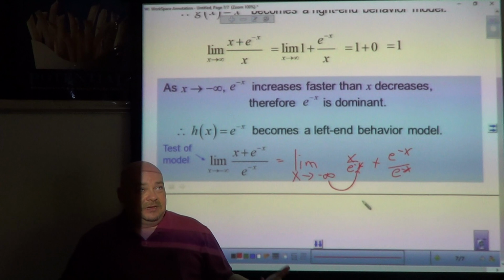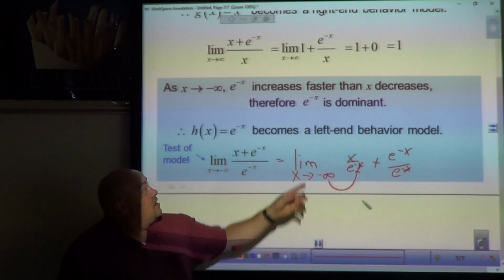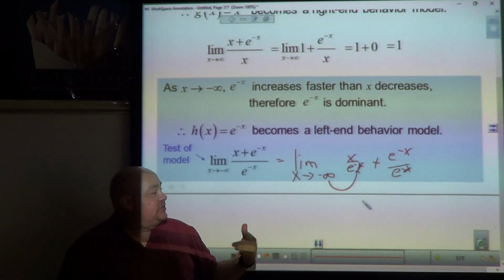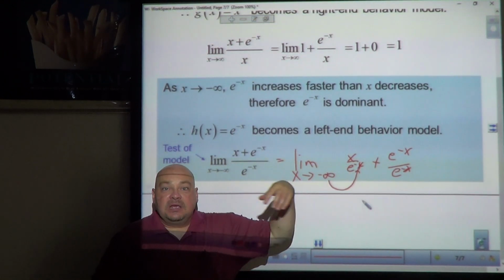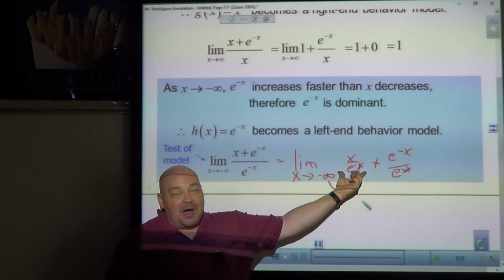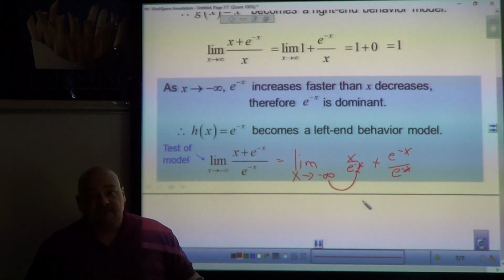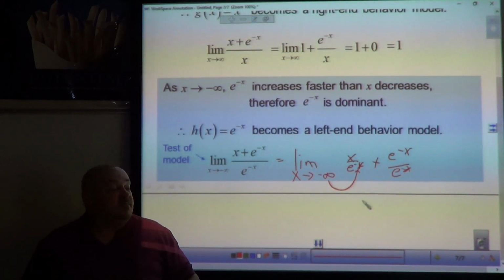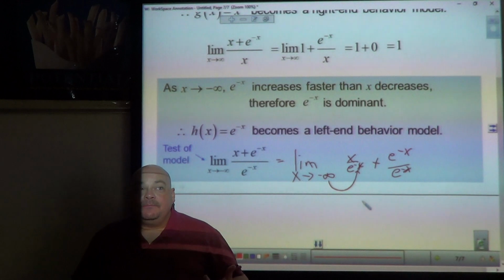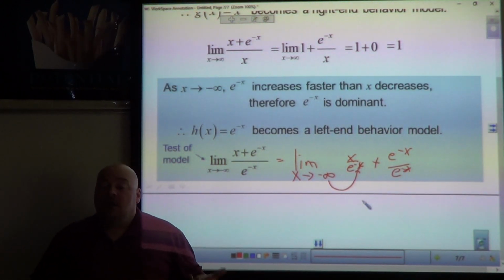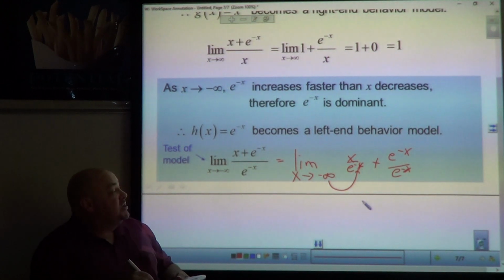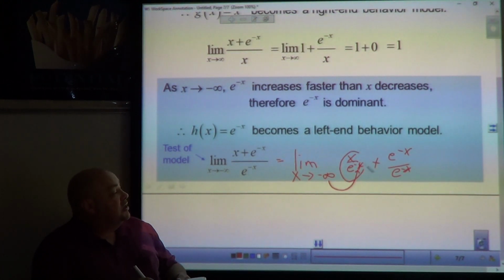I know that's kind of hard to see, but it's the same thing we had drawn up here a second ago. We've got negative numbers going in here, so negative negatives gives us positive. So that means that this bottom is going to grow really fast, a lot faster than x is. Where x is going to go to infinity, you can think of e going to the negative infinity power, which means it's going to grow a lot faster. So this part right here is going to go to 0.